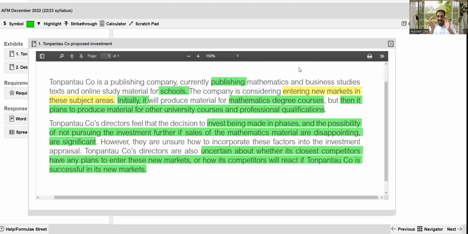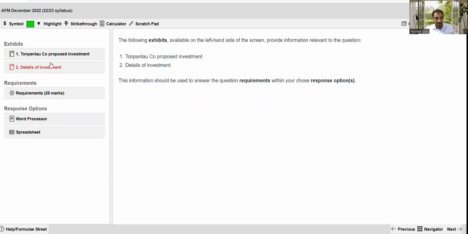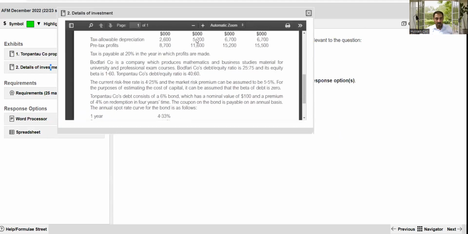So always read the question in a manner: first read the requirement and then read the context of the question on the basis of the requirement, and develop your mindset accordingly. That will support time management and also support delivering a quality answer. I hope it's clear to you. Number two, second point.